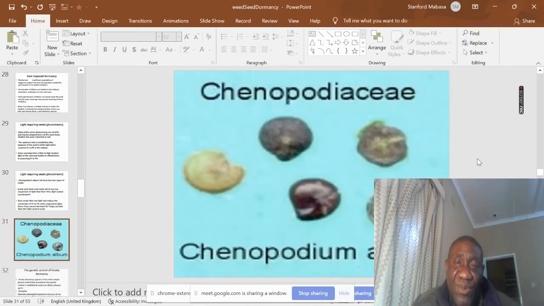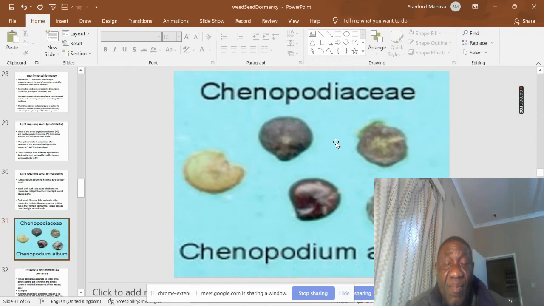I will show you the seeds. So, this one can easily convert the inactive form of phytochrome to the active form of phytochrome when exposed to the white light, to the light.